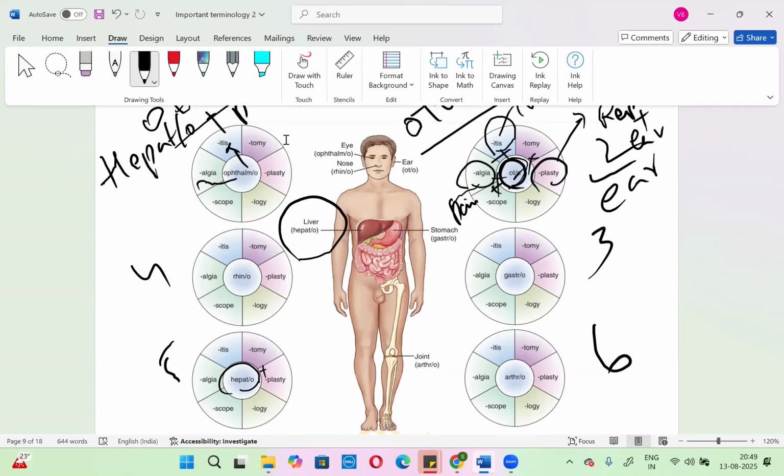Plasty means surgical repair. So where are they doing the repair? In the liver. Hepatoplasty: repair in the liver. Okay. Got it? So in this way, you should know the root meaning and the suffix meaning and everything.